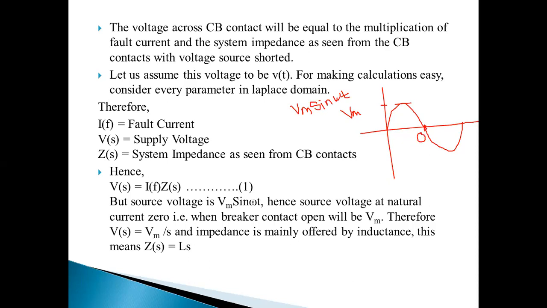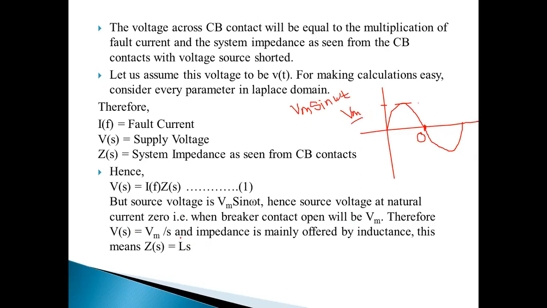So when this is the current zero instant, this voltage is the maximum. When there is natural current zero and the circuit breaker contact opens, that time there will be maximum voltage present, which is nothing but Vm, right?